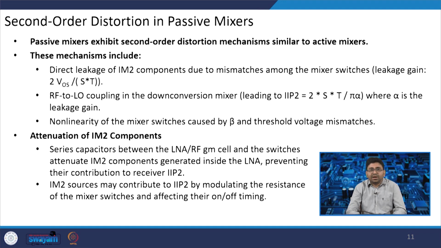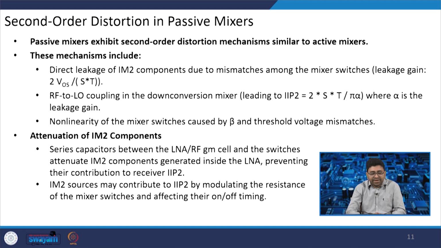Now, if we discuss the second order distortion in the passive mixer, it exhibits a second order distortion mechanism similar to the active mixer. So, this mechanism includes a direct leakage of a second order component due to mismatch among the mixer switches.